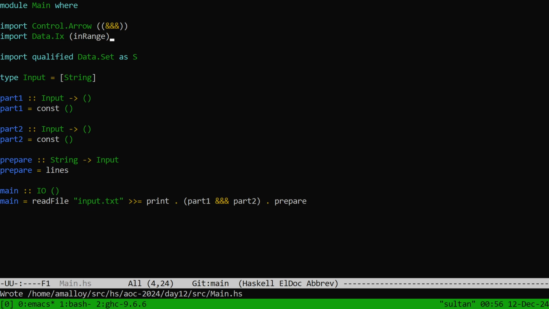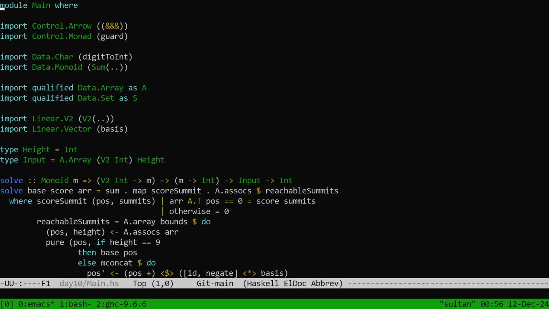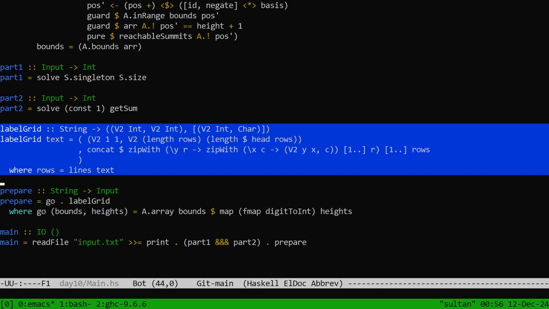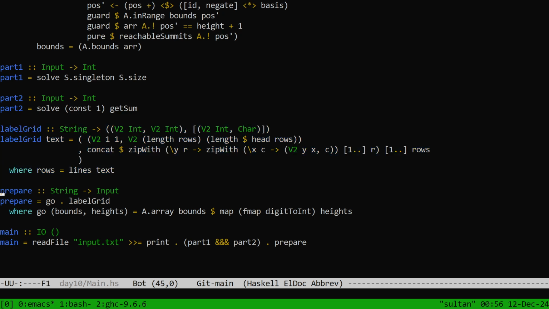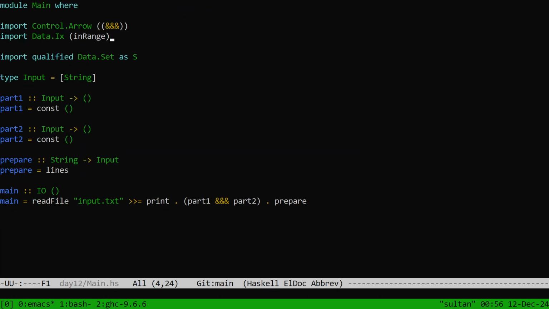The other thing is, let's look at a previous year or day. I think day 10 was one where we did this labeling of things, right? Yeah. So let's just borrow this again. It'll give us the bounds and a list of labeled characters, which is exactly what we want.